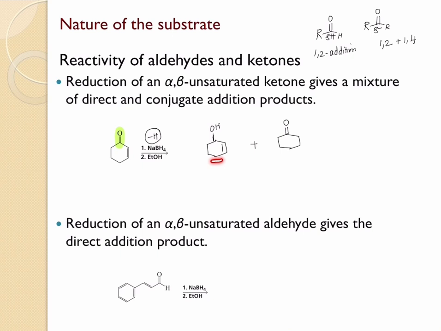This one right here is the product of 1,2 addition, because you can see that the double bond has been preserved. And this one right here is the product of 1,4 addition. This one is basically the keto tautomer of the enol that is formed in the conjugate addition.